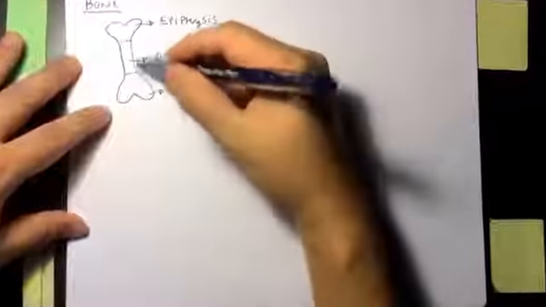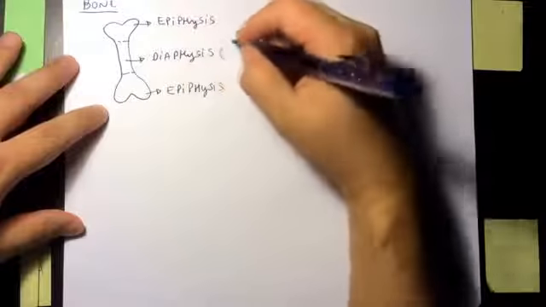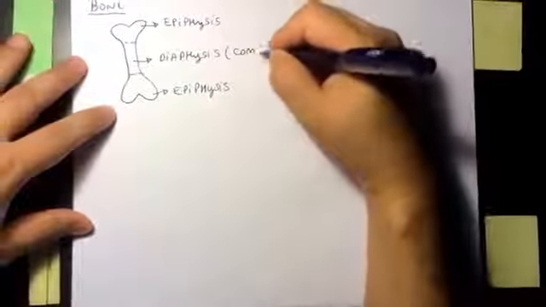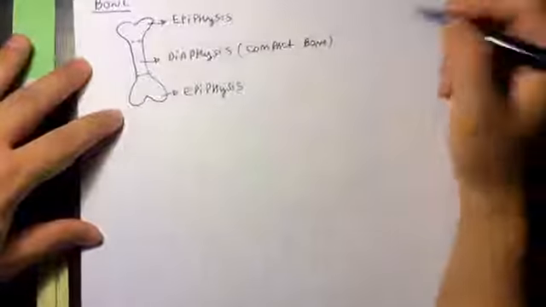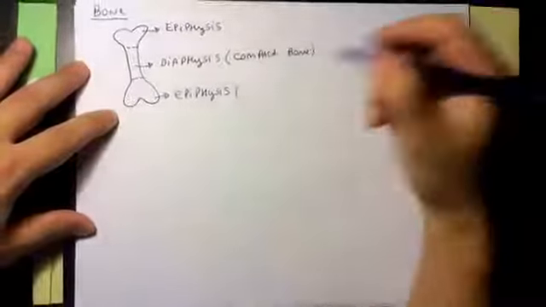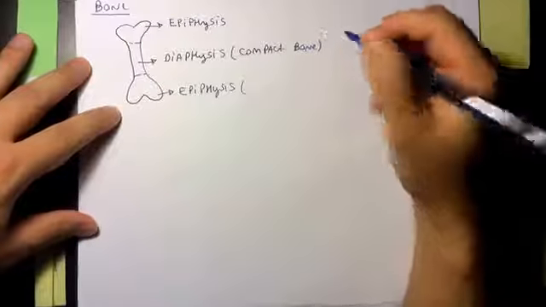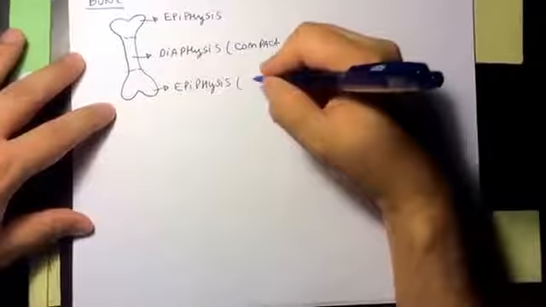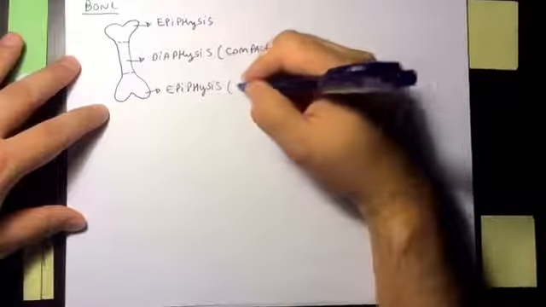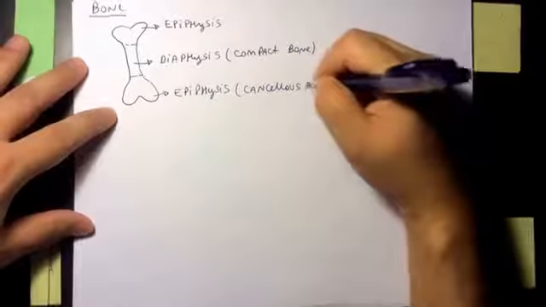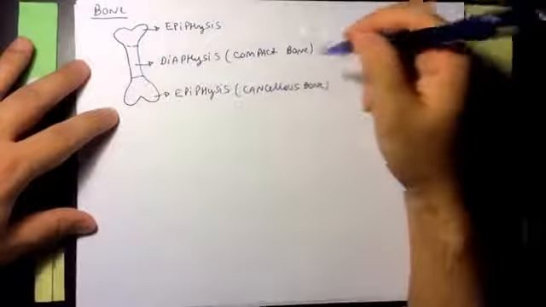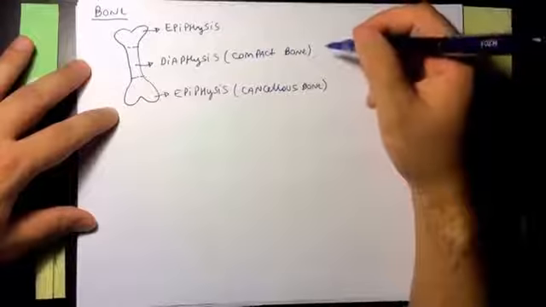The difference between those two is that the diaphysis is composed of compact bone. And remember, compact bone is really mineralized. The epiphysis is made of trabecular bone, or as they call it, cancellous bone, and that's the difference between them.